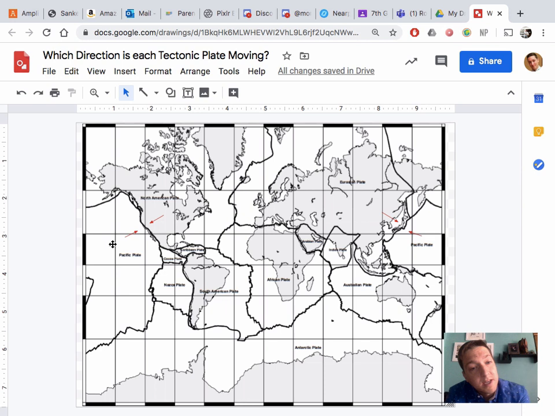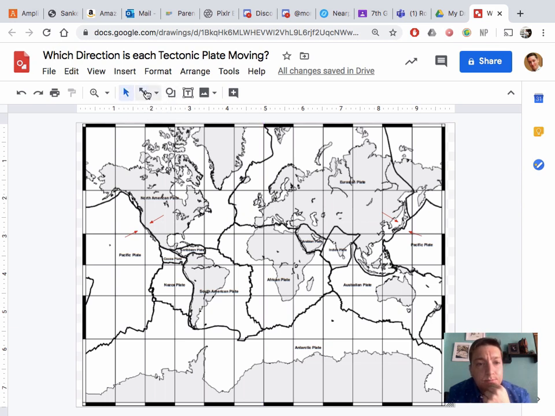And the Pacific plate is moving north and moving east. Although over here, it looks like the Pacific plate is moving the opposite direction. So we've got to figure that out. Whenever you see a chain of volcanoes, please have red arrows pointing at each other to indicate a convergent tectonic plate boundary.